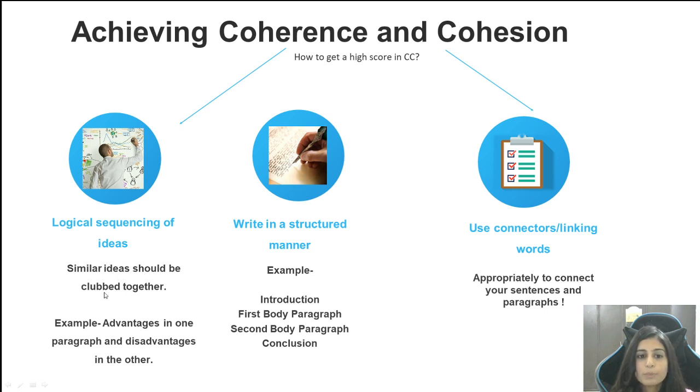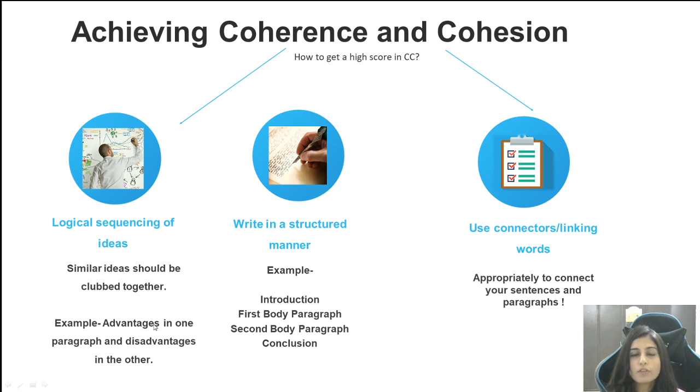Similar ideas should be clubbed together. For example, advantages should be clubbed together, disadvantages should be clubbed together. If you start writing it alternately, then the examiner or the reader would get confused. Imagine that you're writing one advantage, then one disadvantage, then again one advantage, then one disadvantage.